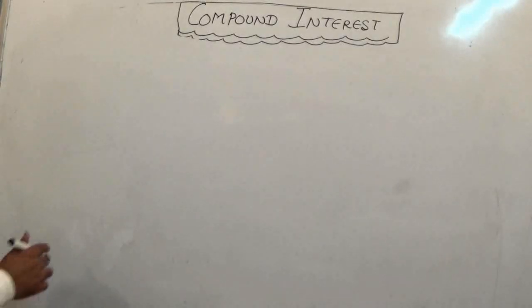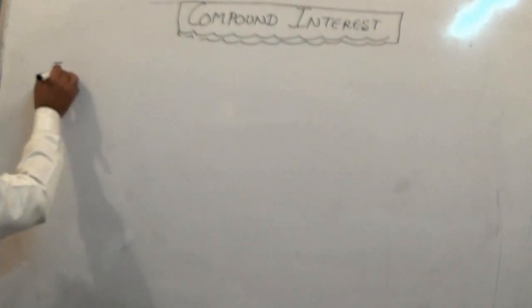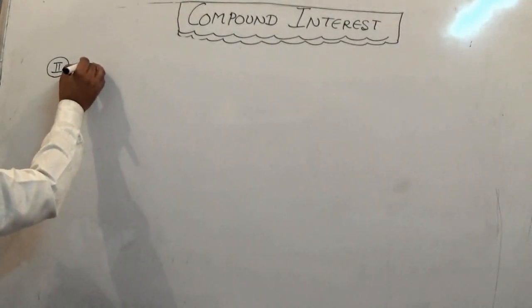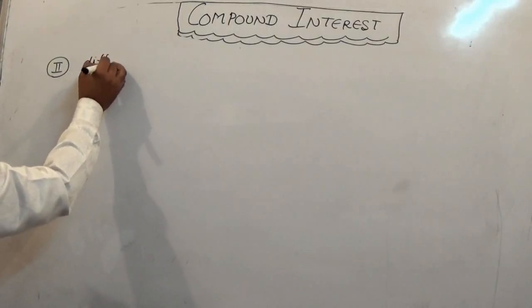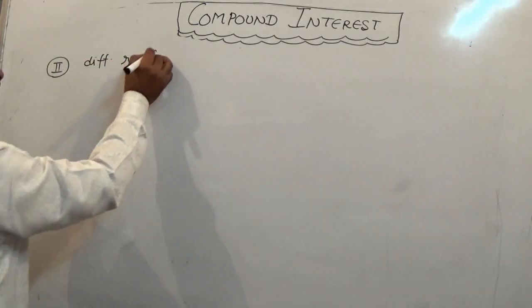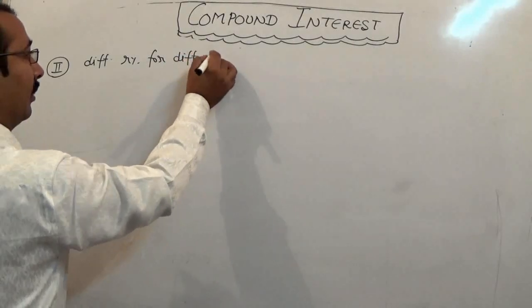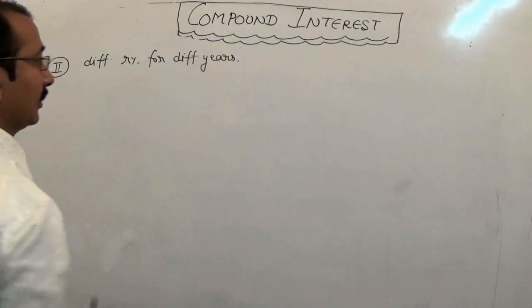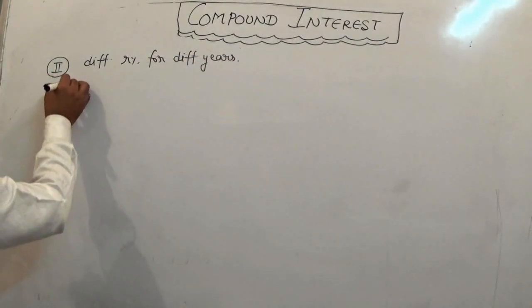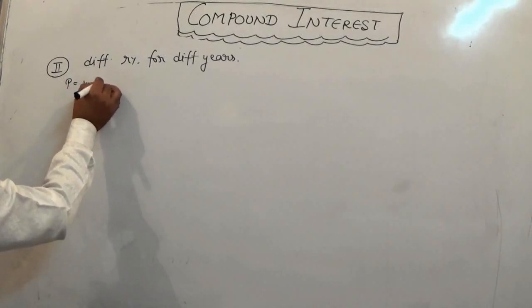In the second type of problem, we take the case where there are different rates of interest for different years. Suppose the principal is 10,000.